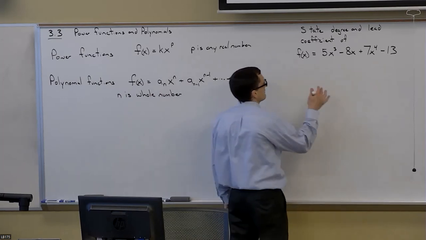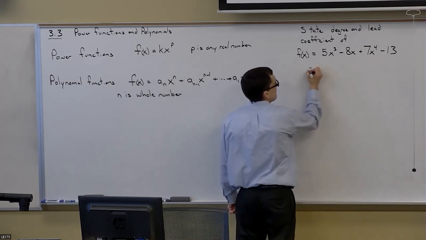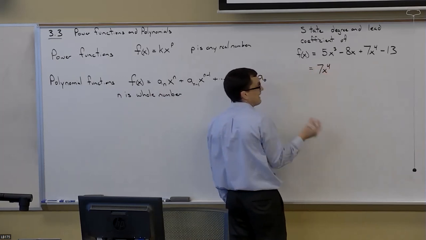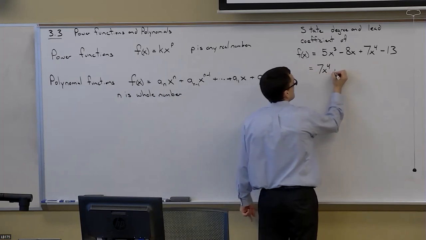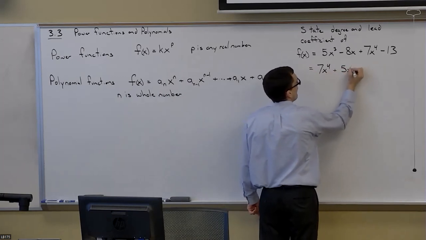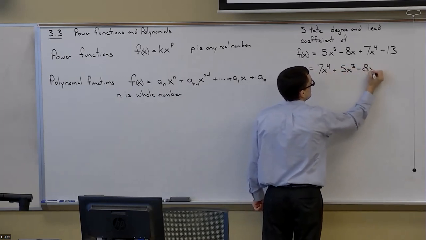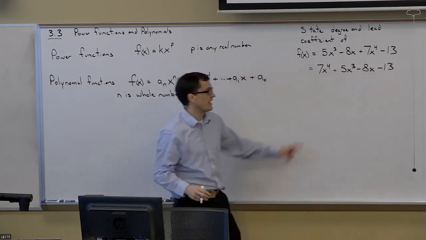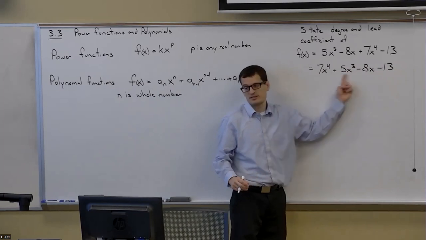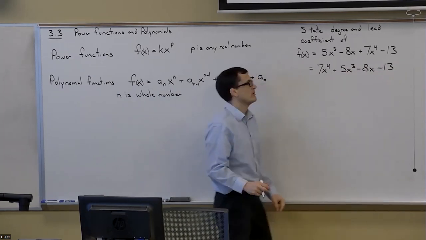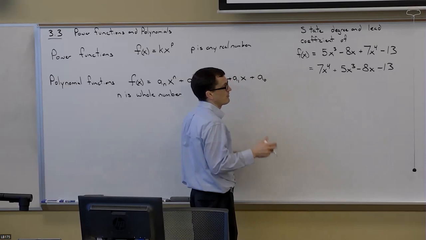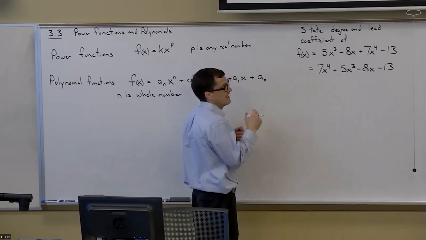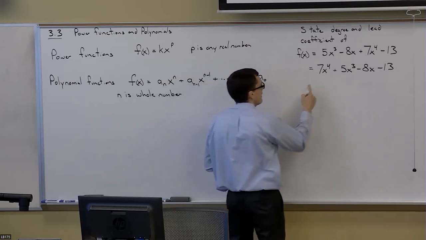But there are these weird occasions in which they have things that are not in descending order. So just be careful about that. If things are not in descending order, go ahead and write them in descending order, or just look at it and say, oh yeah, that's not in descending order.